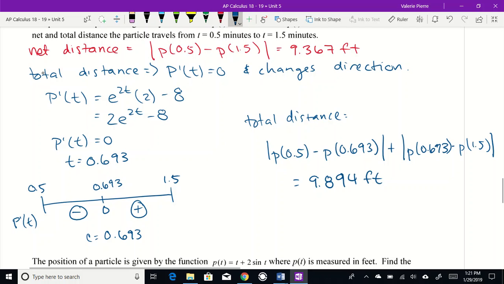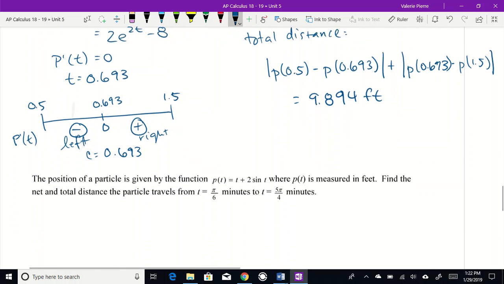Okay, so the net distance from point A to point B is 9.367 feet. However, if we take into account that distance that we went to the left and the distance that we went to the right, the particle actually traveled a distance of 9.894 feet.